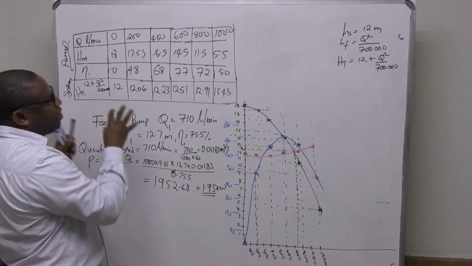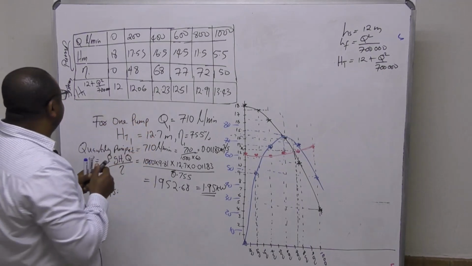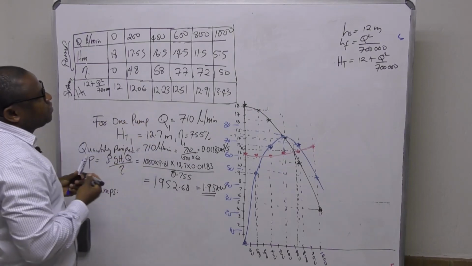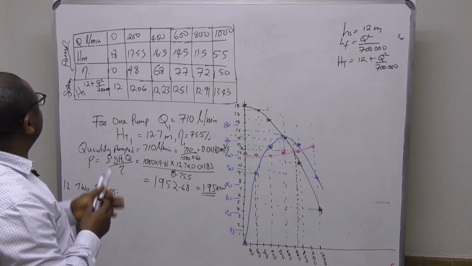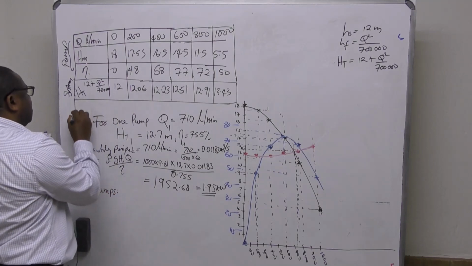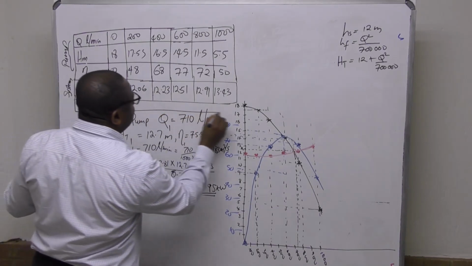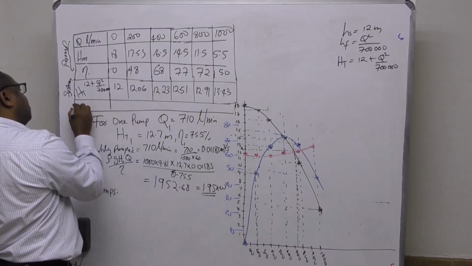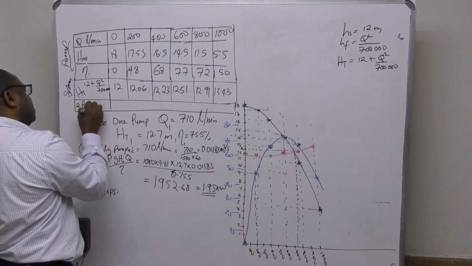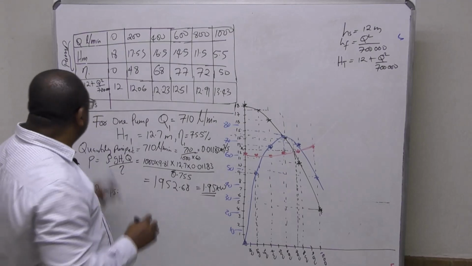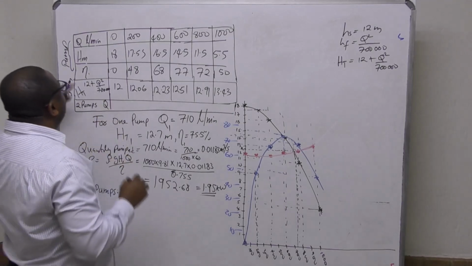So for the second pump, for two pumps, just thinking of how, okay, let me just put it like this. Two pumps. For two pumps, what will be the flow?